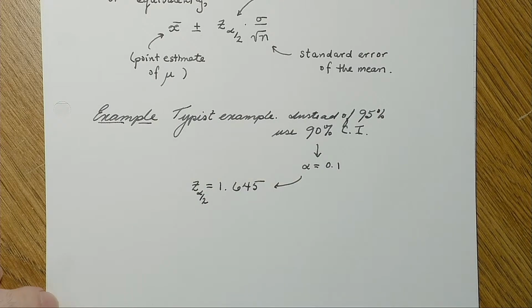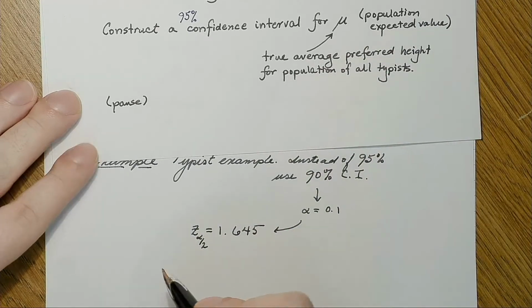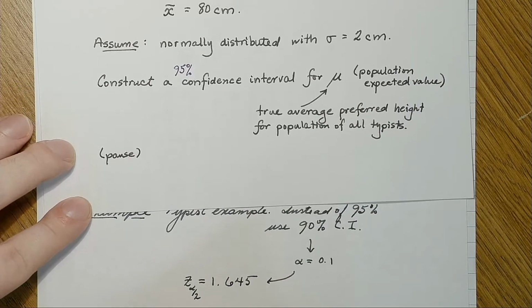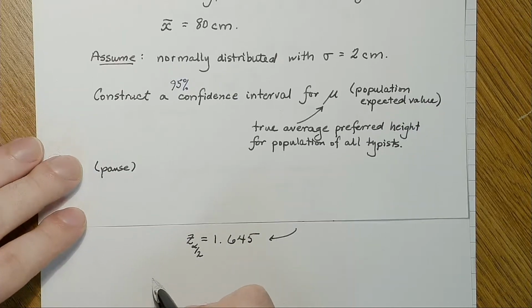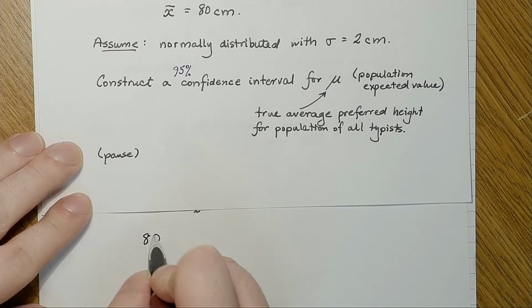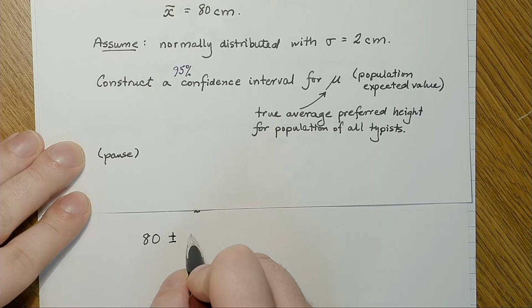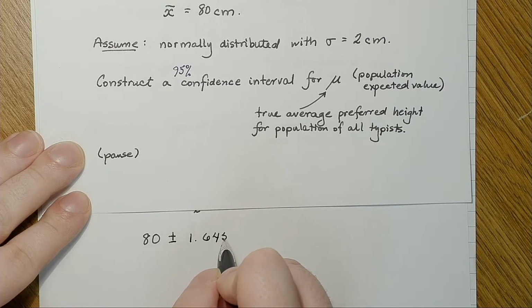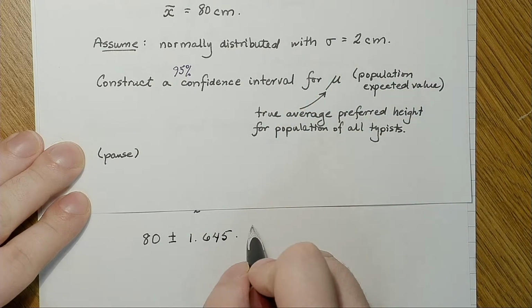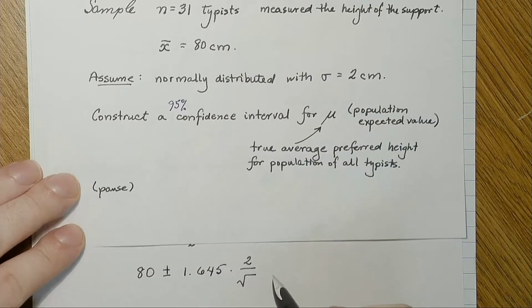Then what we do is we go back and we use our data that we had. Again, x bar is 80. So we have 80 plus or minus our z value, which is 1.645 times the standard deviation, which is 2, over the square root of 31.